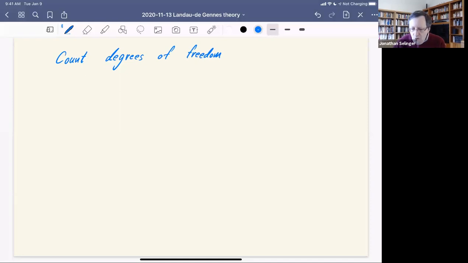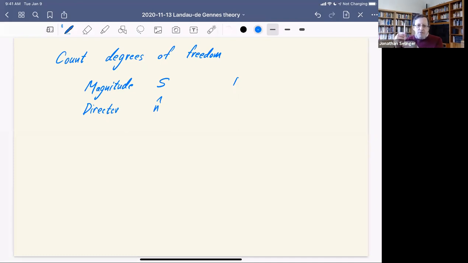So we would say there's the magnitude S, that's 1. And then there's the director n. The director n is a unit vector pointing somewhere in space.